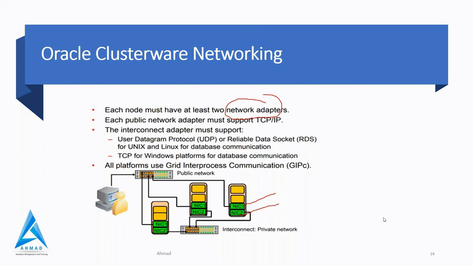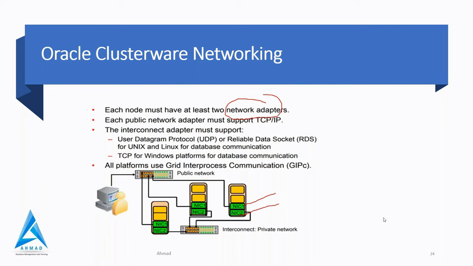Suppose in a two node cluster, you configure the network adapter on node 1 with ETH0 as the public interface, but on node 2 you have ETH1 as the public interface. Public interface names must be the same, so you must configure ETH0 as public on both nodes. Please remember that.